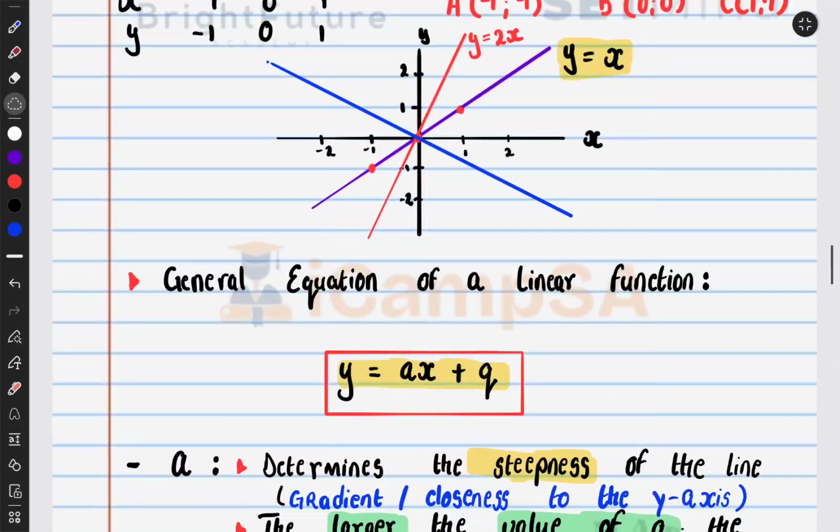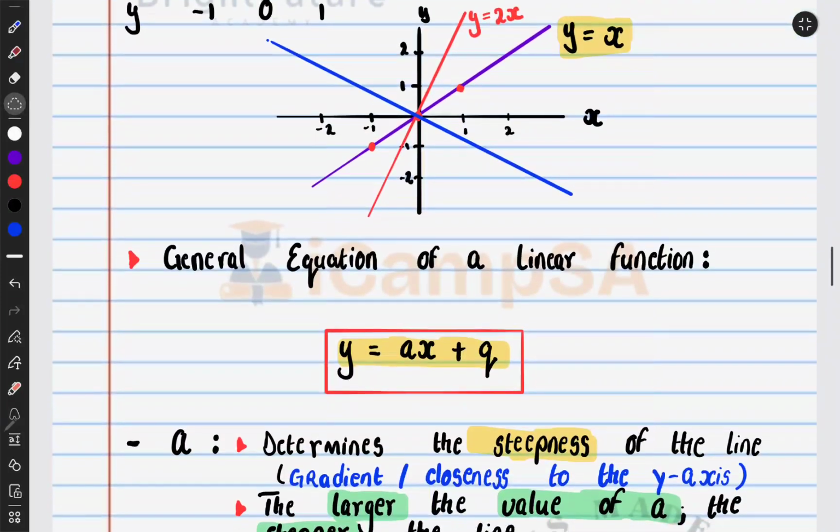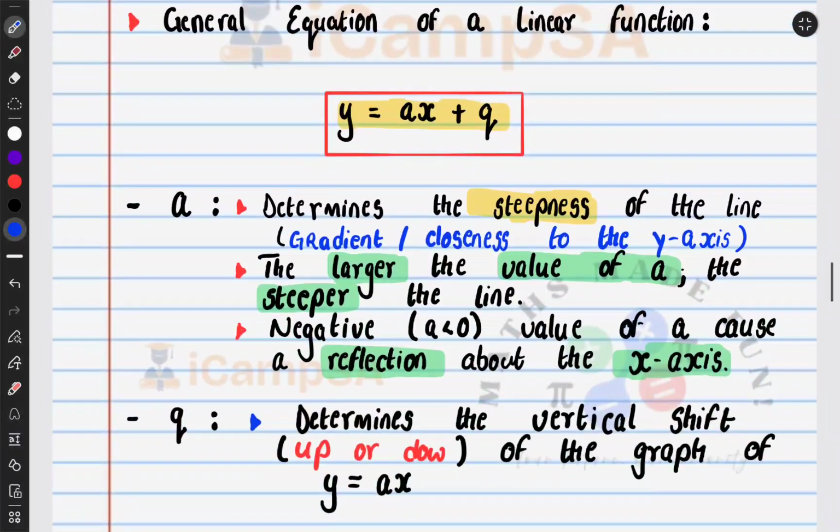The function will be reflected about the x-axis. So this could be y is equal to -x, the mother function reflected about the x-axis. So that's the second thing that the variable a does: it determines the steepness of the line, and it also causes a reflection about the x-axis.